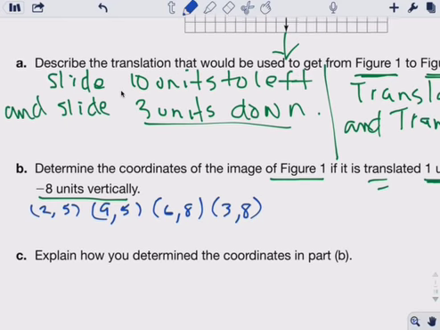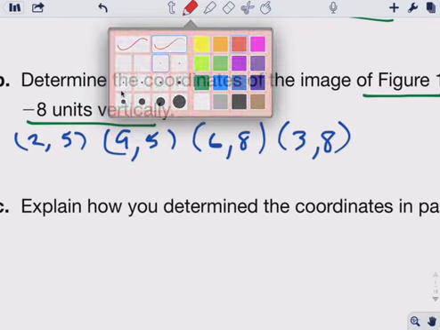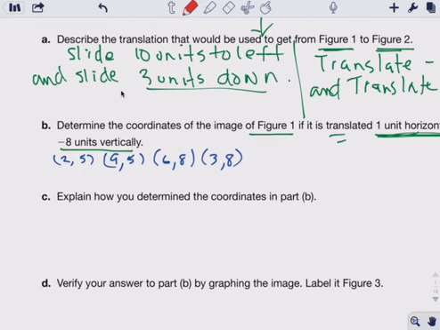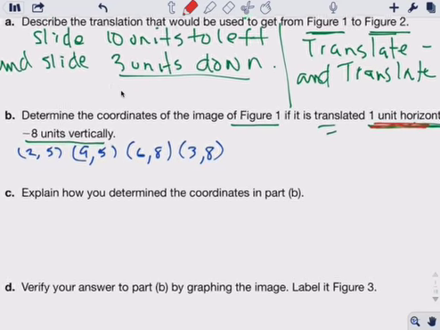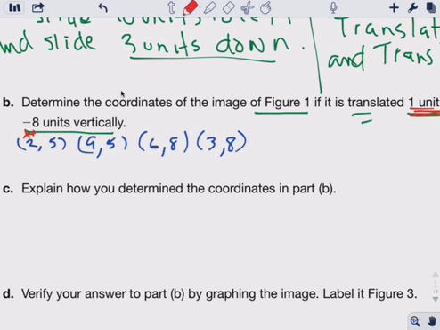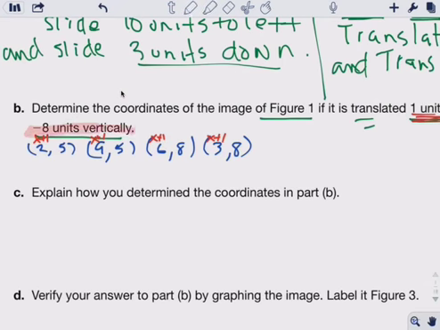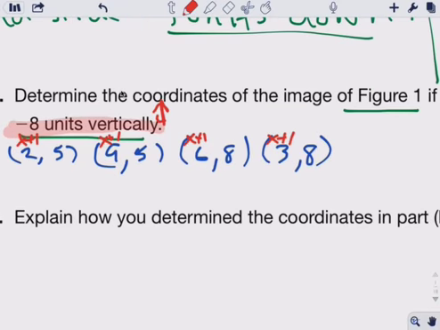From there, 1 unit horizontally: horizontal is the x, so it's x plus 1 for every one. Then negative 8 units vertically. Vertical is the y, so y minus 8 for every one.